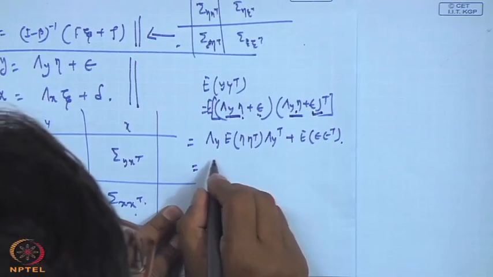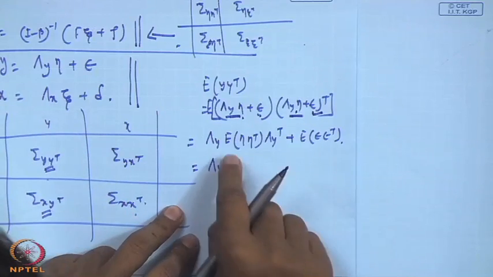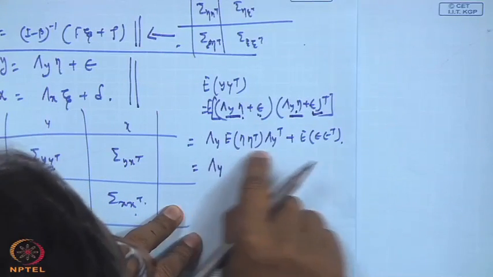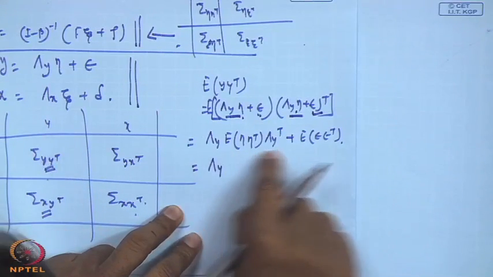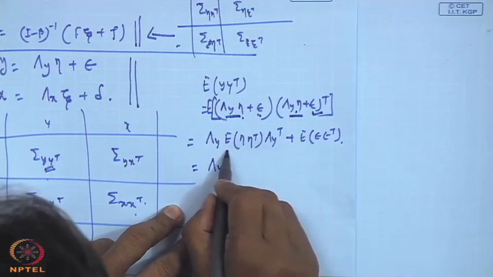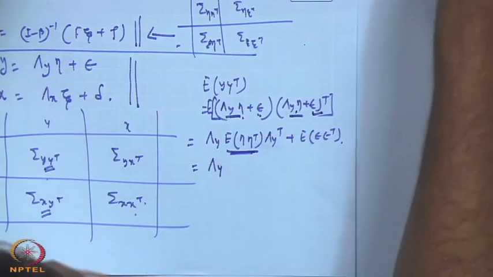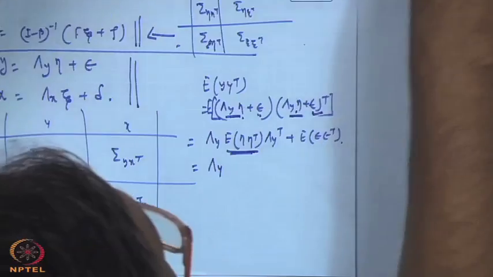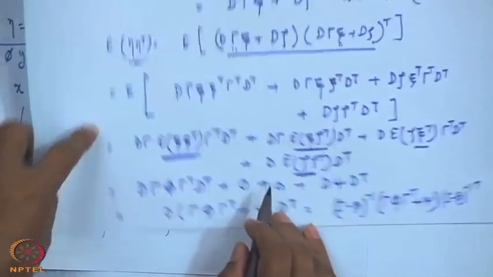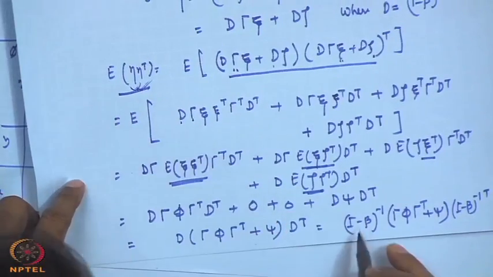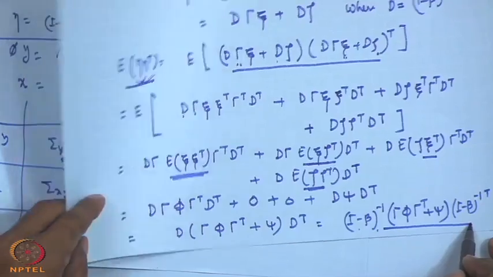So, essentially it will be this, and you have seen that we found this in the measurement model. What is this value? We found it earlier, I will show you. The expected value of this is I minus beta inverse, the bigger quantity.